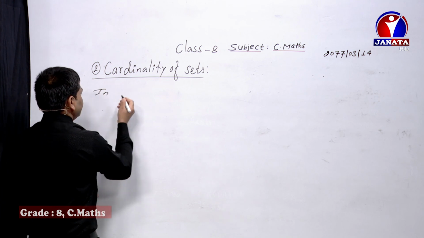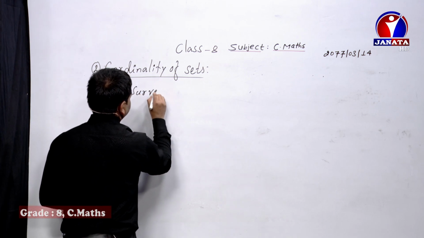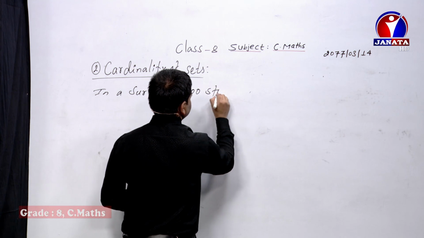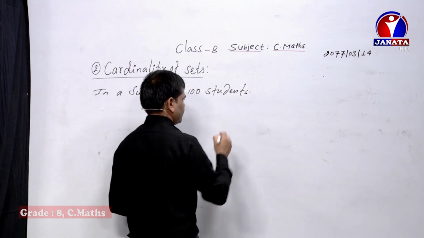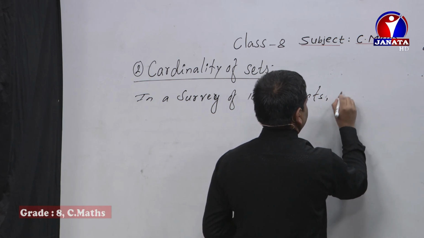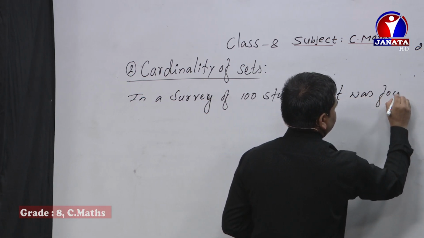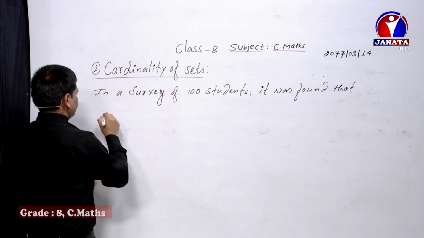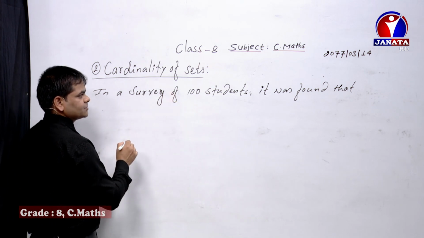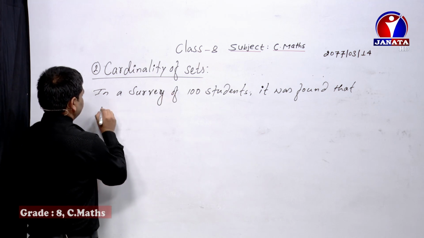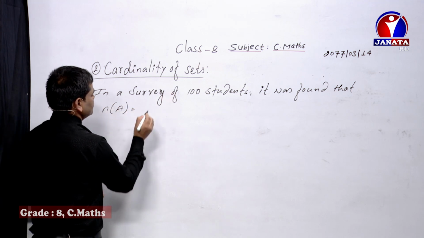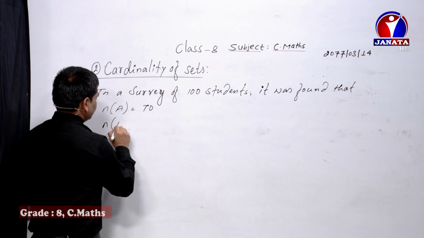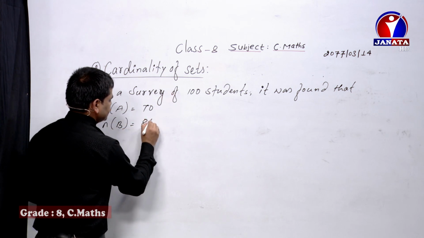I'm going to write a question. In a survey of 100 students, it was found that, directly I'm going to write, rather than writing the language, so that time won't be wasted: the number of students who like apple is 70. The number of people who like banana, I'm going to list as 80.